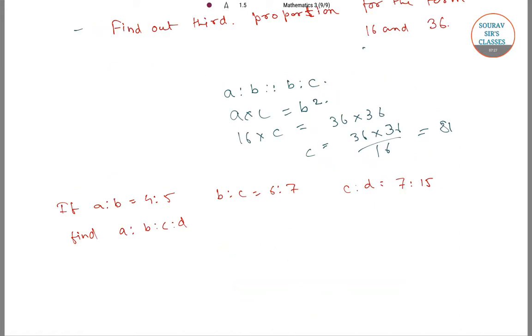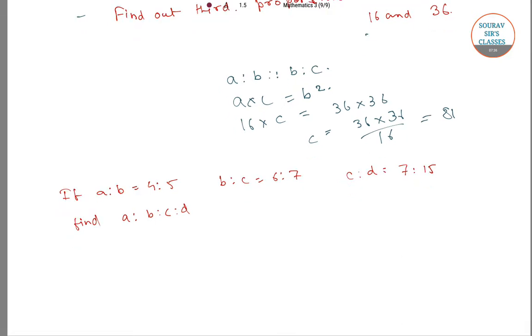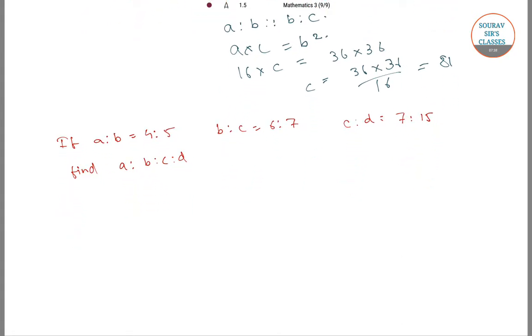Now suppose we have the following question: A is to B is equal to 4 is to 5, B is to C is equal to 6 is to 7, C is to D is 7 is to 15. So we have to find A is to B is to C is to D. Now A is to B is 4 5 5 5, B is to C is 6 6 7 7, and C is to D is 7 7 and 15.